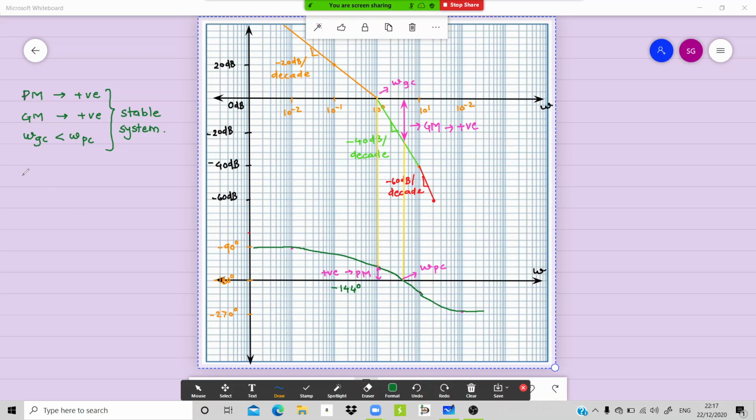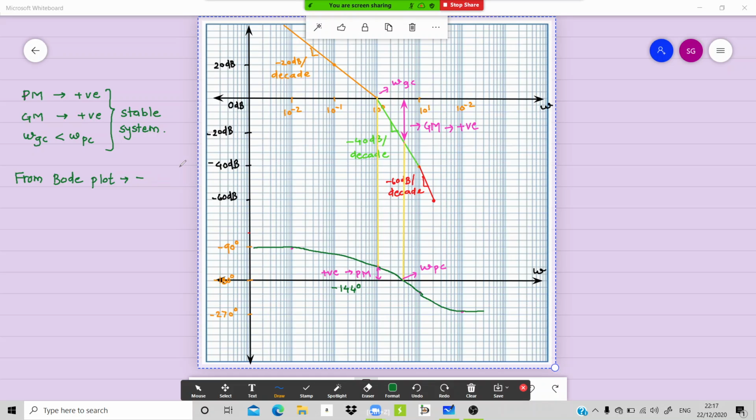From graph, or I'll say from Bode plot, drawn over here, I got minus 144 degree.